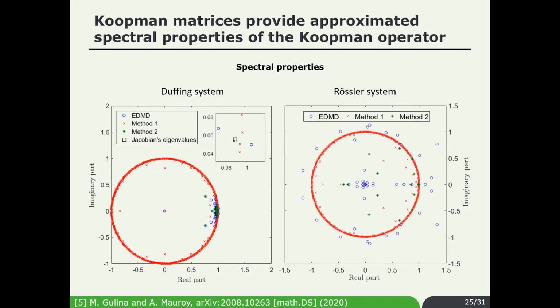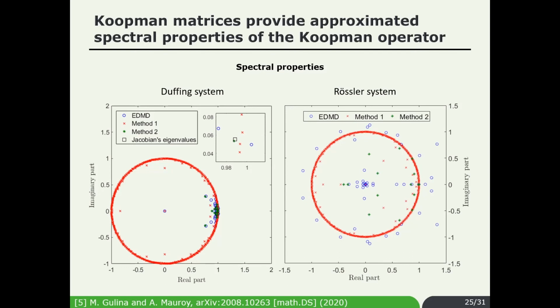The insets show that the eigenvalues of the Jacobian matrix at the stable fixed points are correctly recovered with the second method. For the Rossler system, the EDMD method also generates spurious eigenvalues outside the unit circle.